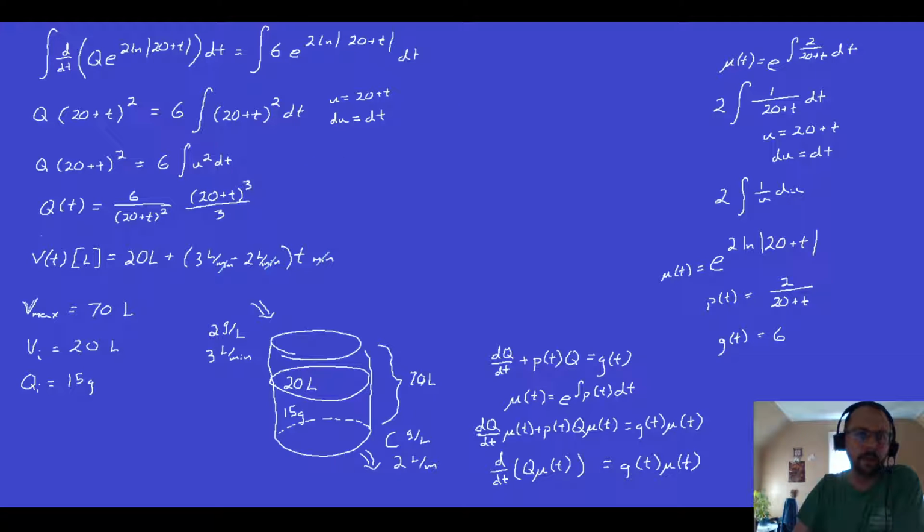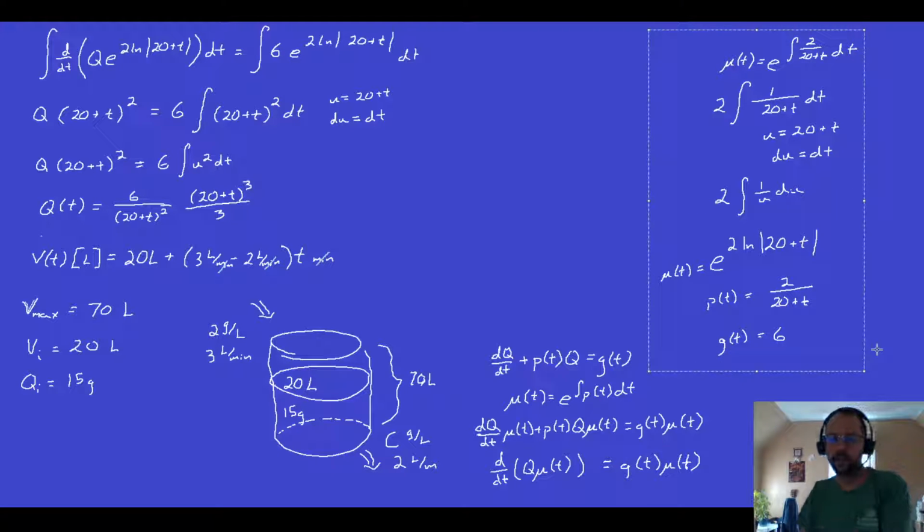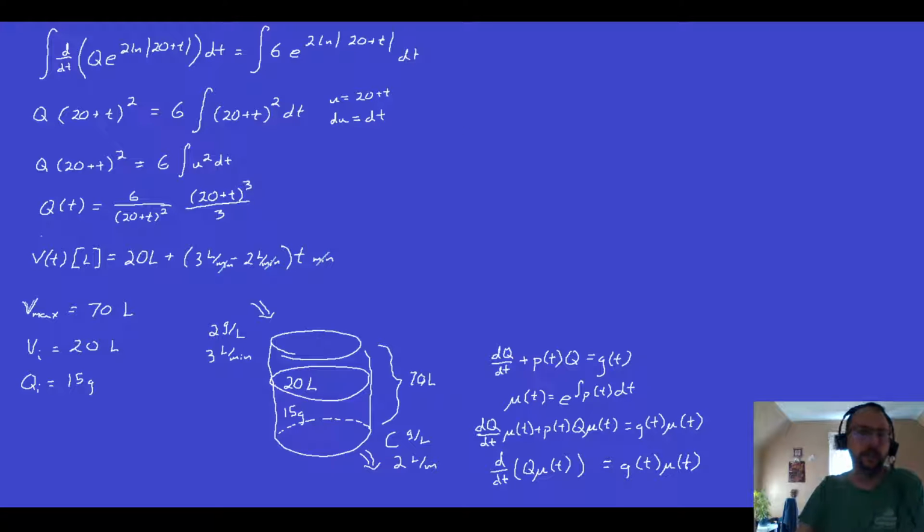So let's get some more space. So Q of t equals, this becomes a 3 on the top. 6 divided by 2 is 3.